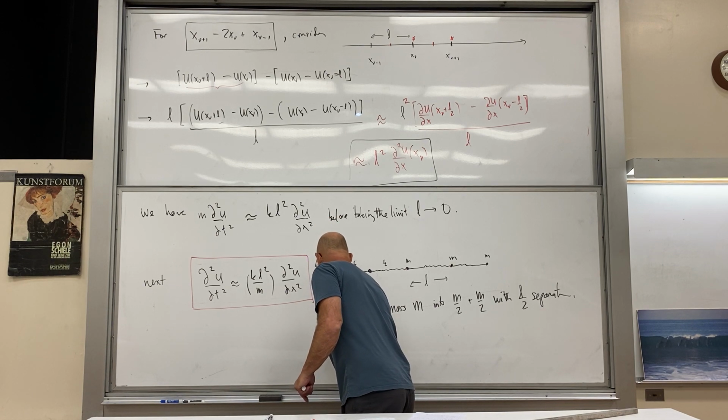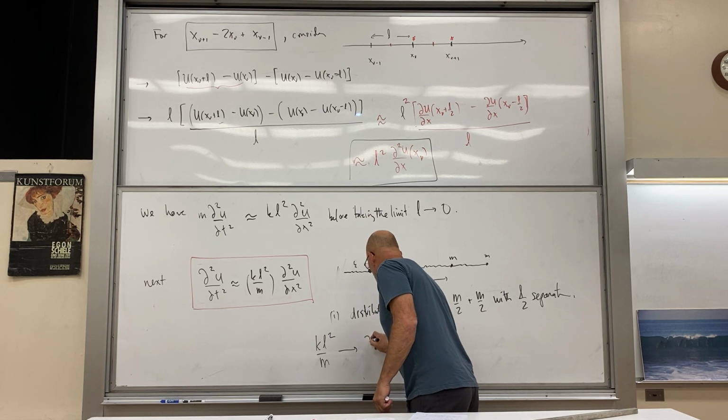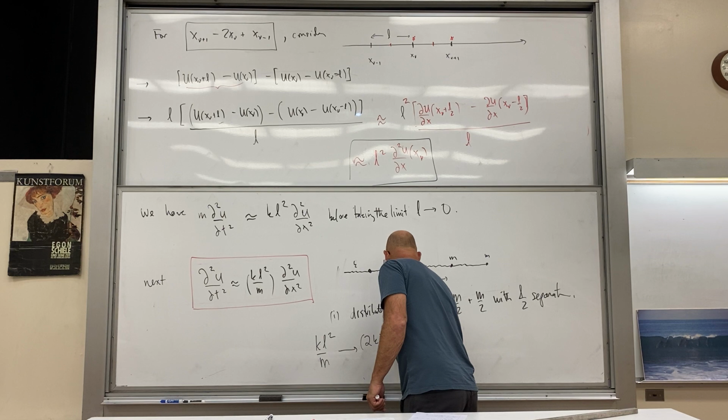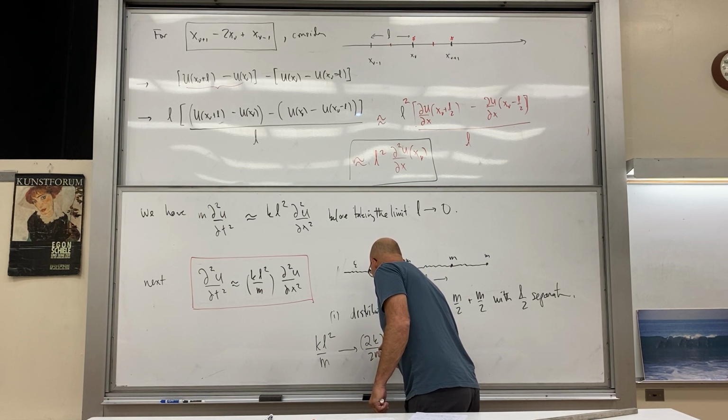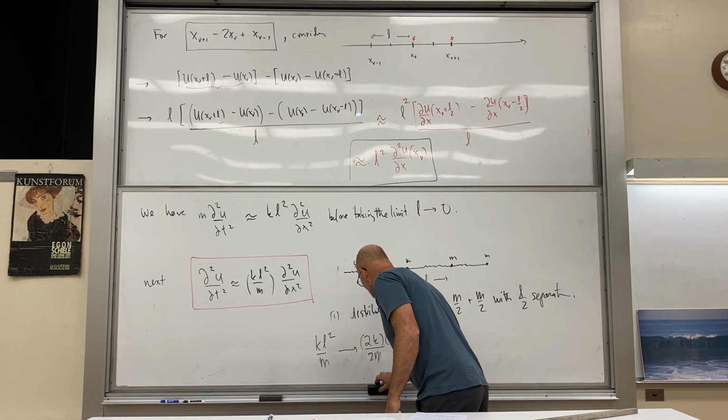This KL squared over m goes to 2k times L over 2 squared, divided by m over 2.